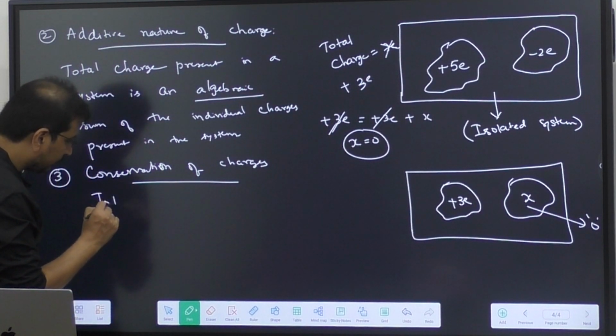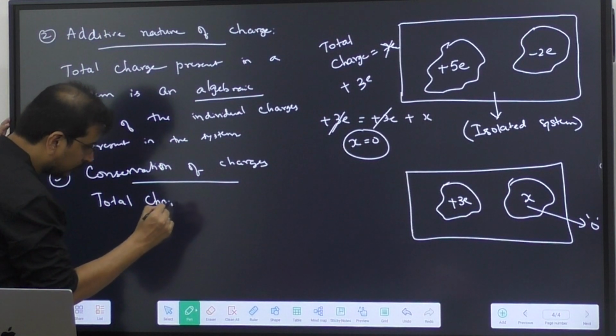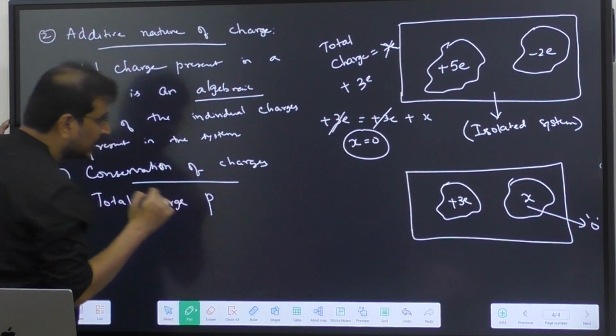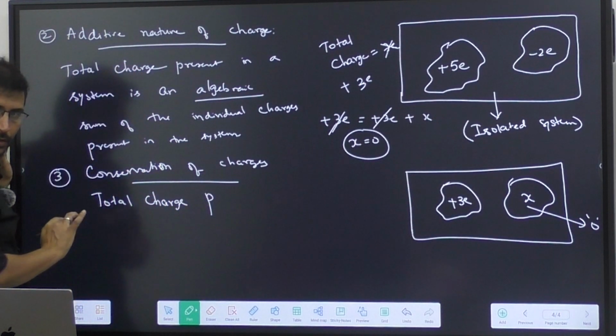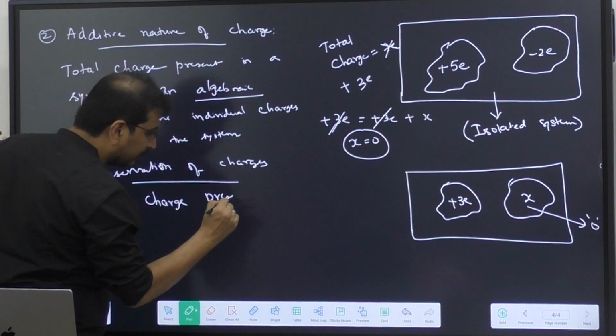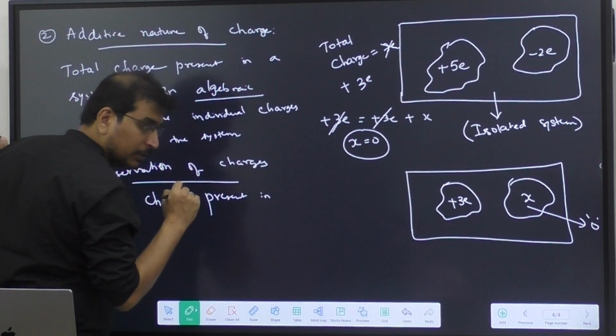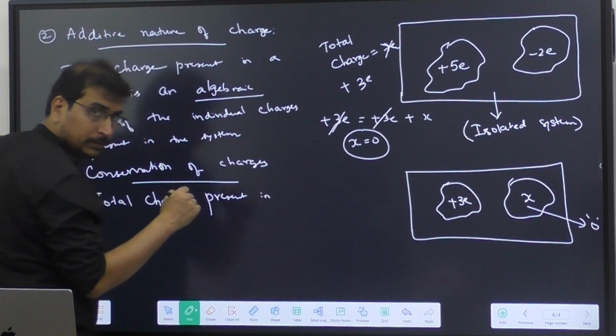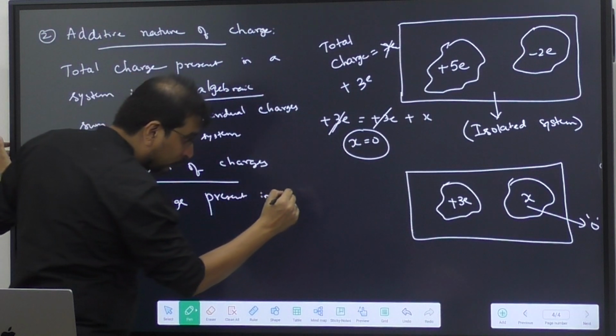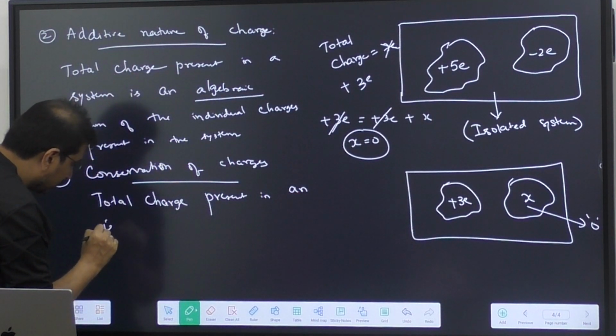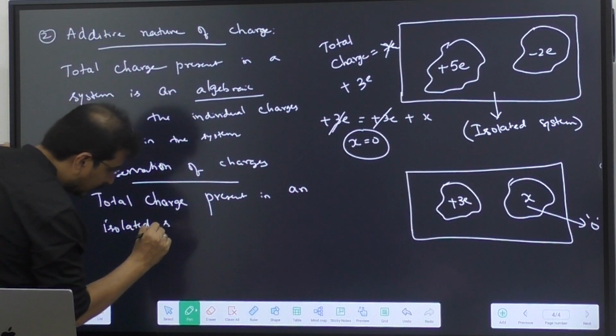Total charge, when I say total charge, additive nature is covered. Total charge present in, help me finish it, present in an isolated system is always a constant.